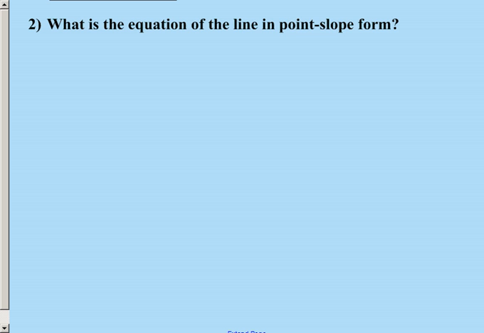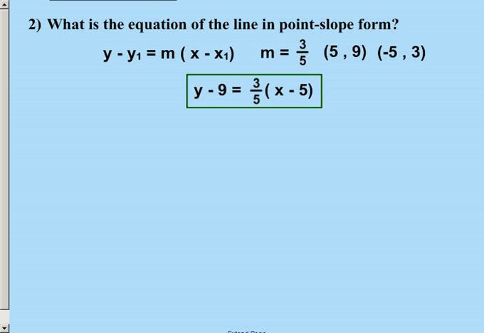So what is the equation of the line in point-slope form? Well, of course, point-slope form says y minus y1 equals the slope times x minus x1. We already know what the slope is, and we have 2 points to choose from as far as the x1, y1. Now, which point do you choose? It really does not matter.